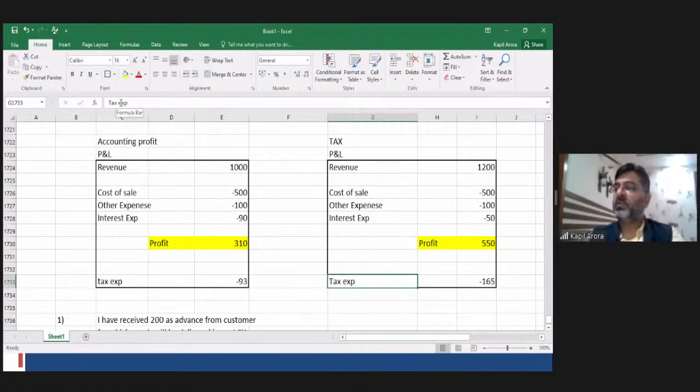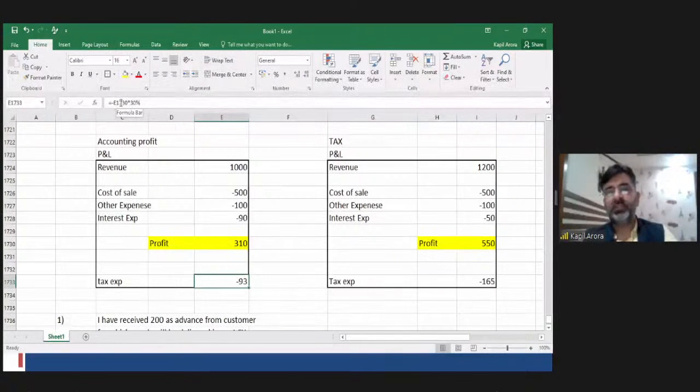Now, when I have to pay tax to the government, how much tax will they ask me to pay? 93, which is coming as per my accounting profit, or 165, which is coming as per my tax computational profit?